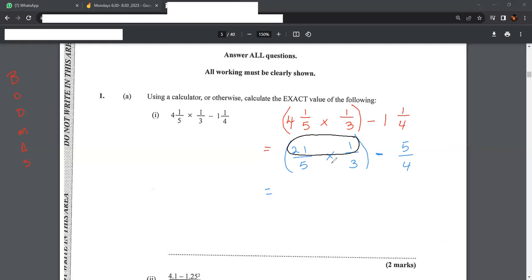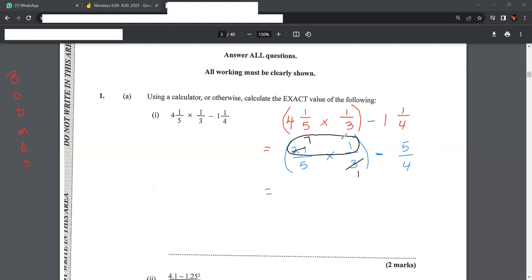And the answer is yes. 3 and 21 could be found in the same timetable. So we're going to use 3 because they are both in the 3 timetable. I'm going to use that number to break down both of them. So 3 could go into 3 once, and 3 could go into 21 7 times. Nothing else could break down.